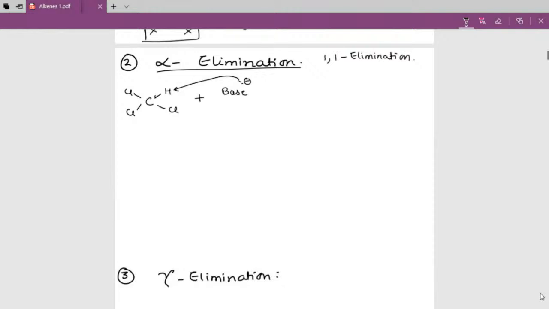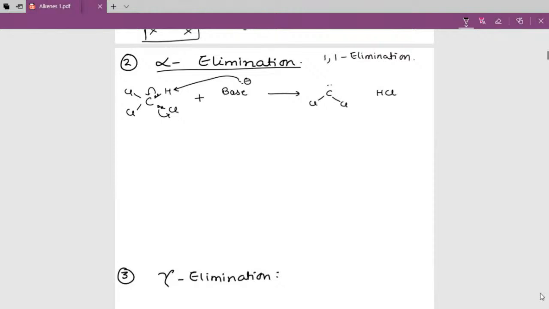So I will remove this H. Negative charge will come on this carbon, followed by this, H plus lost, I'll lose Cl minus. So overall I can say this base has eliminated HCl from chloroform. But if you see the relative position of H and Cl, they are present on the same carbon. So I will say that the two groups which are eliminated are on the same carbon. It is a 1-1 elimination or alpha elimination.